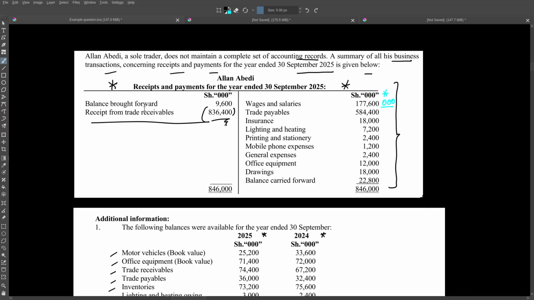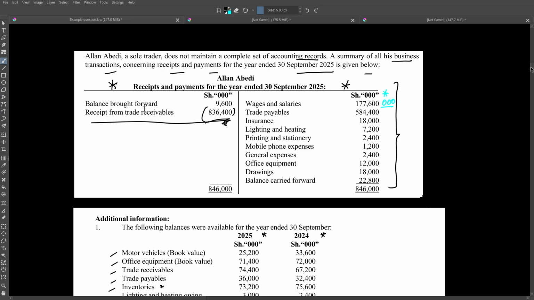Because we have inventory, you can see we have inventory here, Alan is basically selling some goods. So this is what Alan has received during the period, which is 836,400.